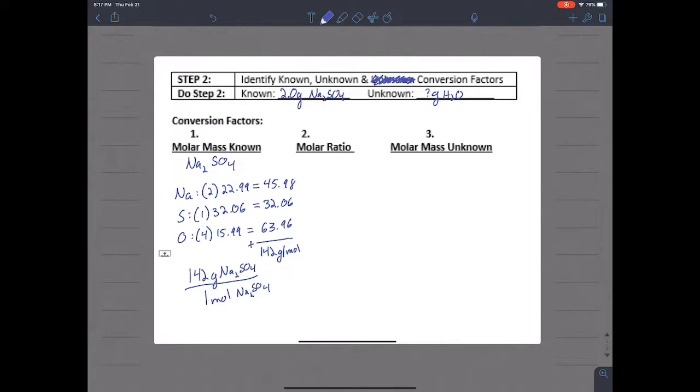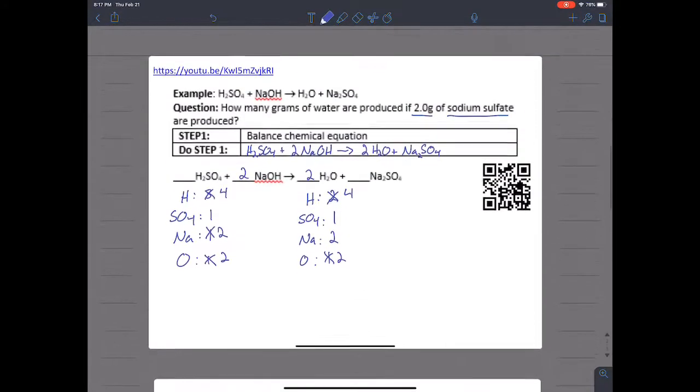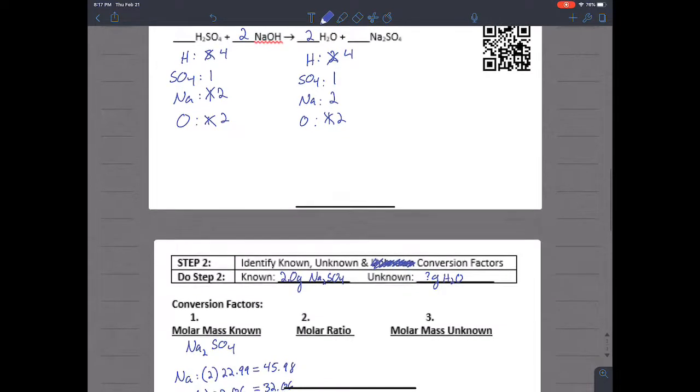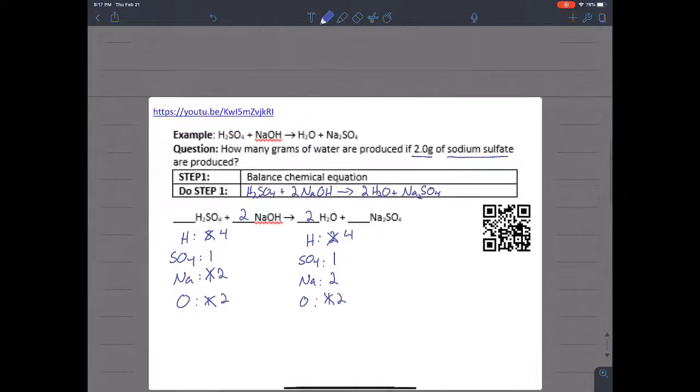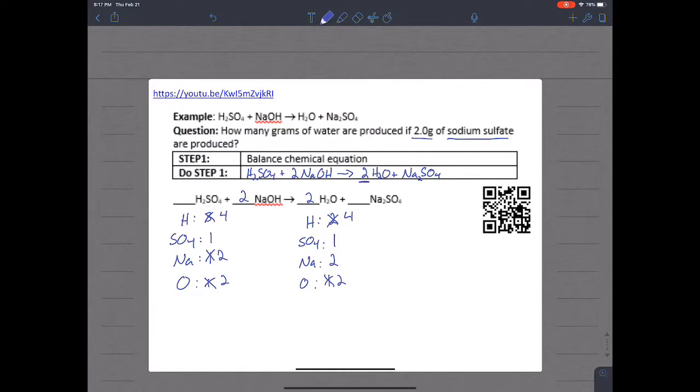Okay, I kind of encroached upon my molar ratio area there. That's okay. So the molar ratio, we're going to use our balanced equation to find that. So we're trying to figure out how many moles of Na2SO4 for every mole of water. Okay, so we use our ratio out here. So we have our coefficients 2, and then there's nothing here, which means there's a 1 here, right?